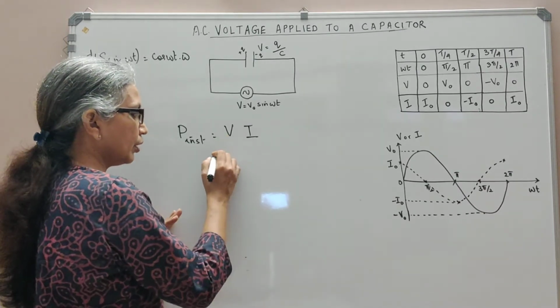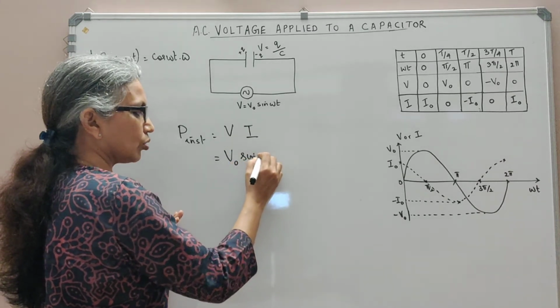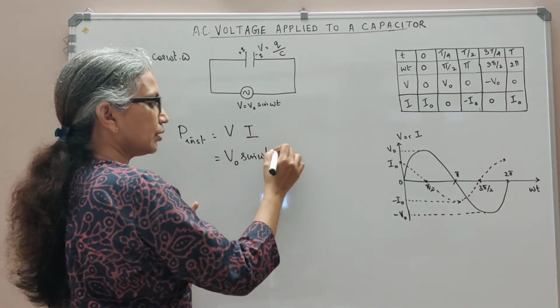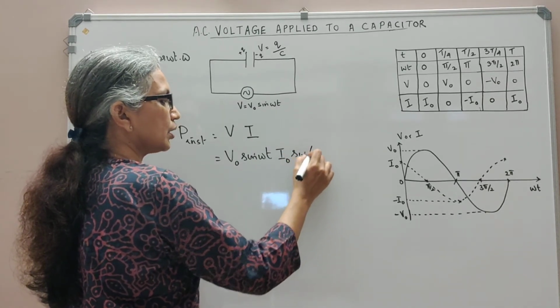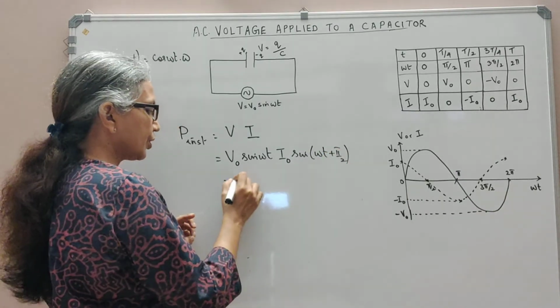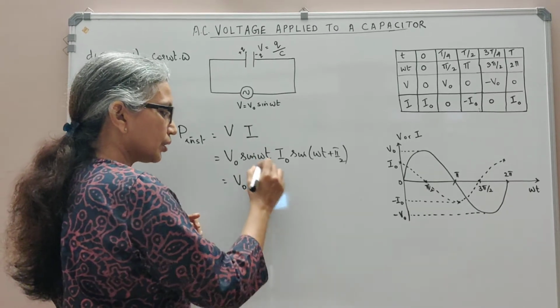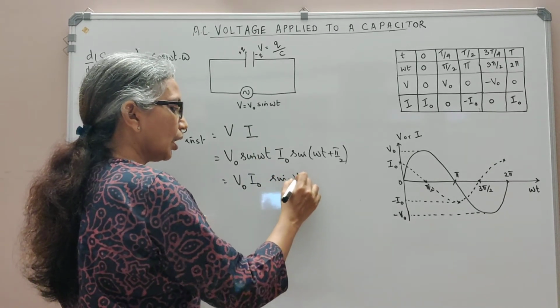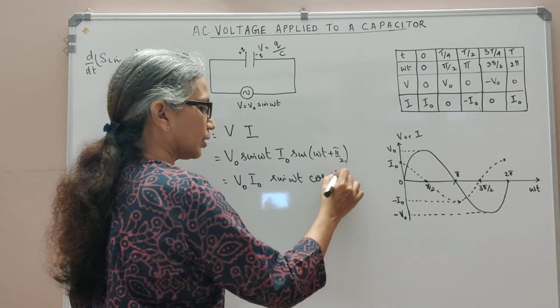In our circuit here, we have instantaneous voltage given by V0 sine omega t, and current given by I0 sine omega t plus pi by 2, which is, combining these two, V0 I0 sine omega t, and sine omega t plus pi by 2 as we know is cos omega t.